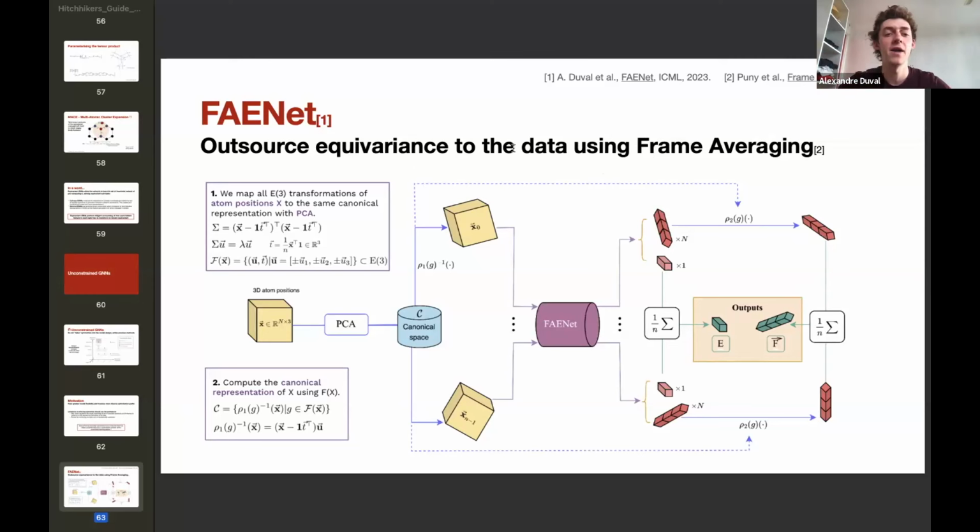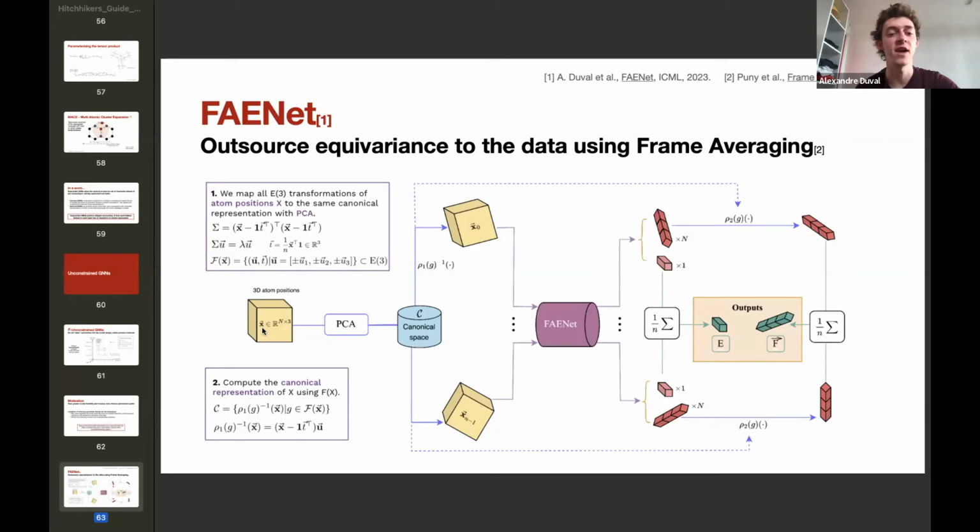And the gist behind FANET is this. You have your input graph that you look at, where you have X, the 3D atom positions, and you're going to apply PCA on X. So you're going to compute the centroids of the positions. You're going to compute the covariance matrix, so a 3x3 covariance matrix, and you're going to eigendecompose it.